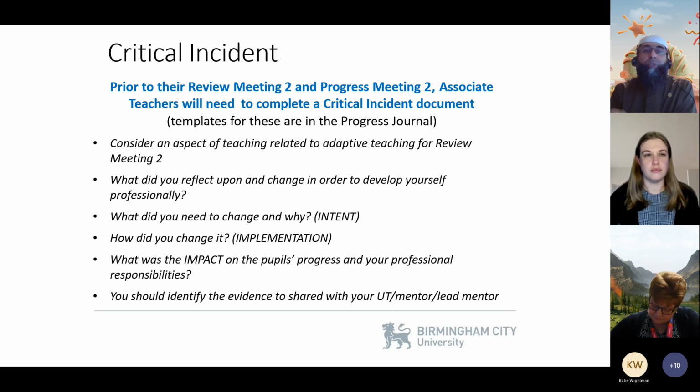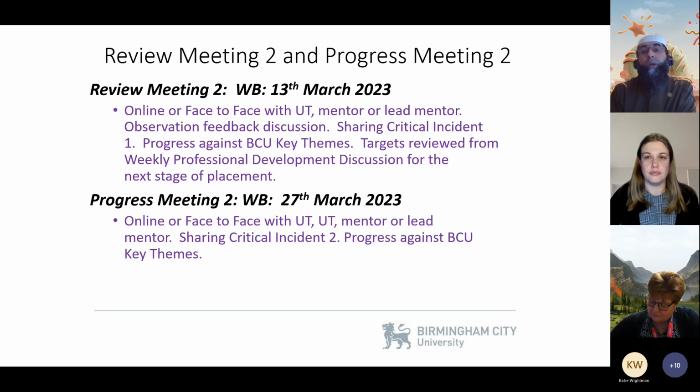And the focus there should be on the intent, the implementation, and the impact that it has had, either on themselves, on their thinking, or on children. Okay, good. And this is discussed at review meeting 2 and at progress meeting 2 as well, with the university tutor, the mentor, and the associate teacher themselves.